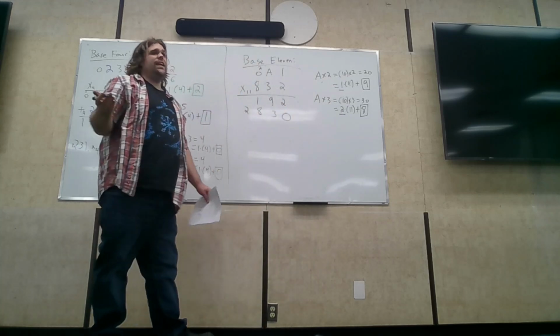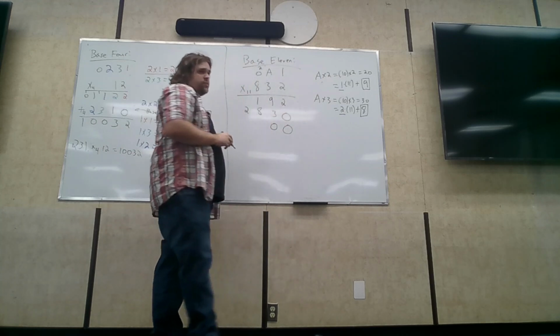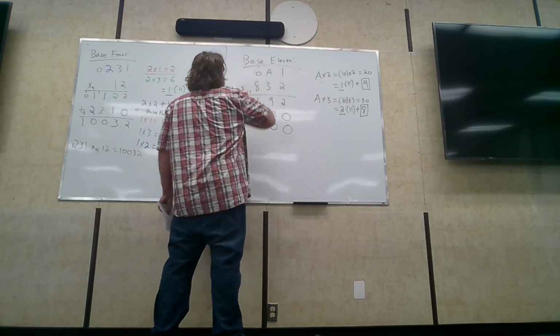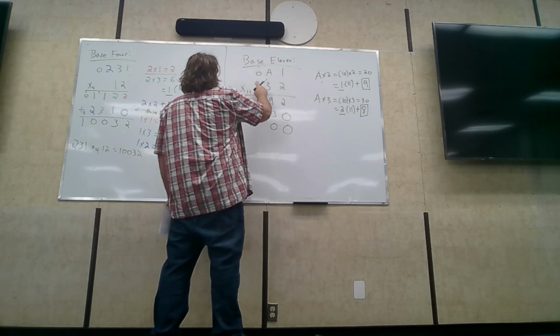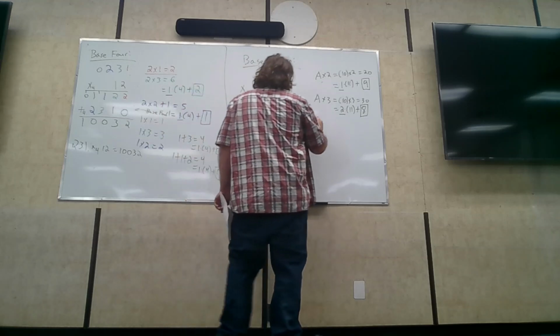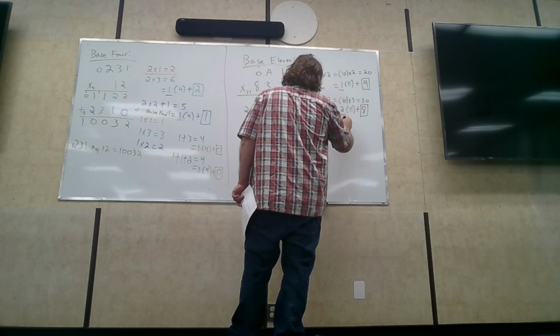Now we rinse and repeat again. We're on to the next digit, so we write 2 zeros now. Cross out our carries, and do it again. 8 times 1 is 8. Awesome. 8 times a, that's a big number. This is 80.